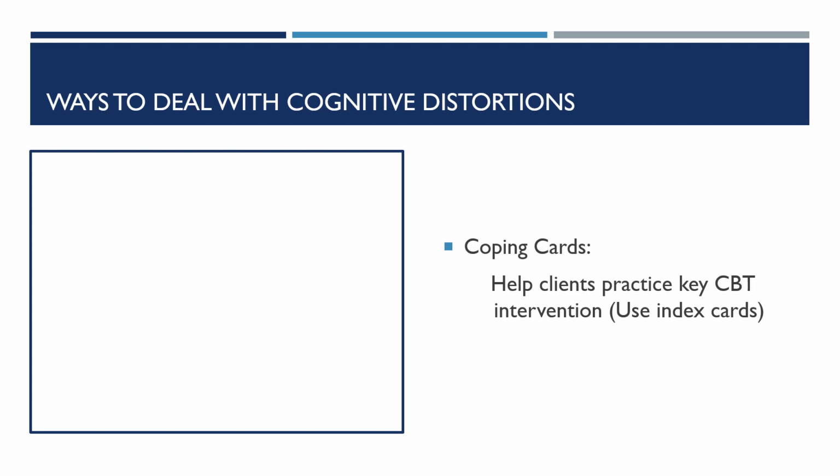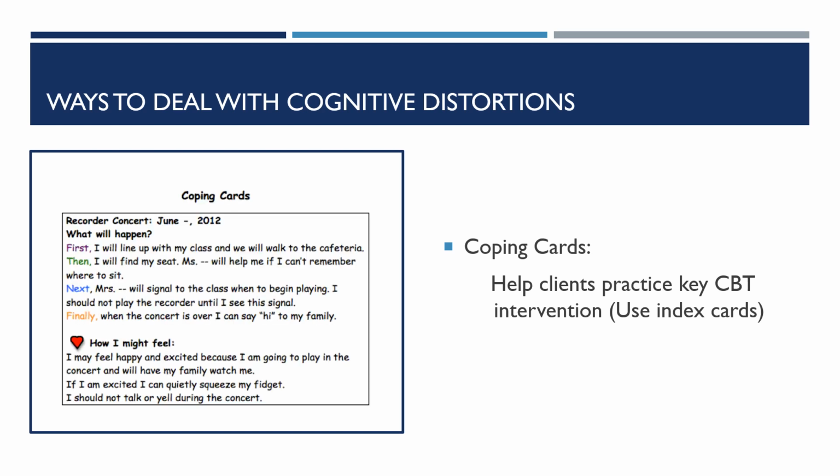Oftentimes you would just use an index card and have your clients write down those thoughts. So whenever your clients get into that triggering situation, if they keep it close to them and can reach those index cards, they can practice using those cognitive coping skills. So that's the rationale of using coping cards.